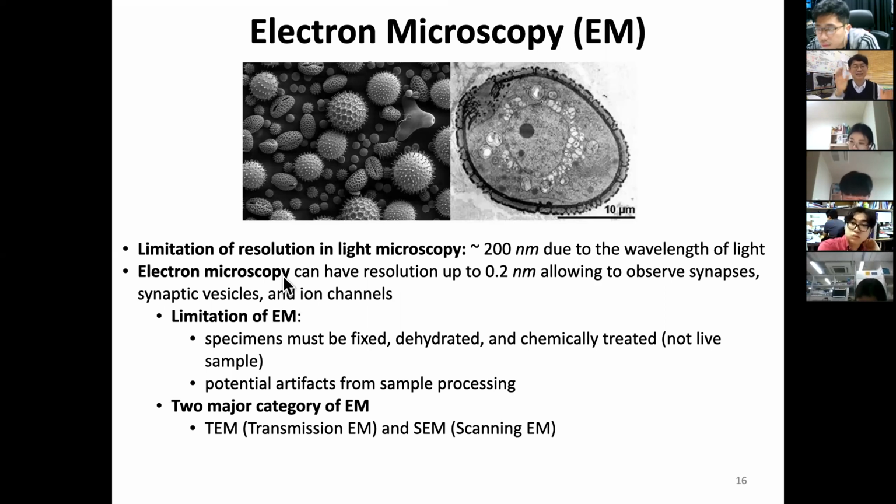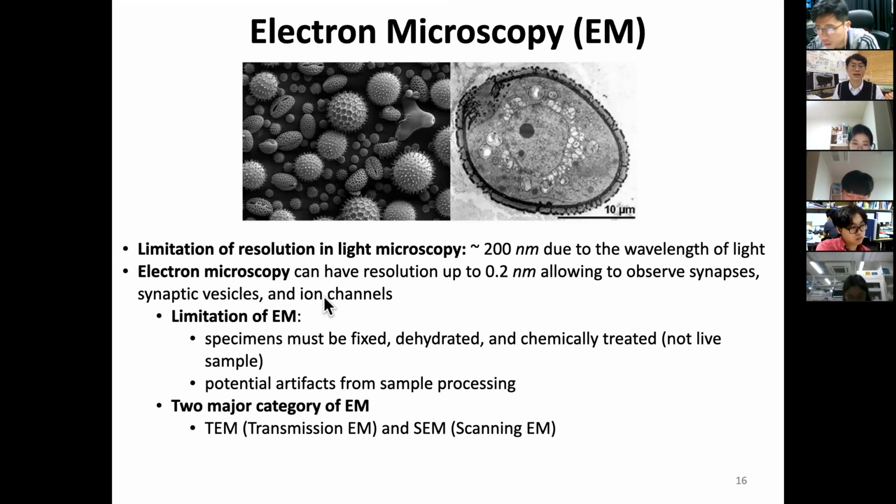And that wavelength is tiny, tiny, tiny, so we can utilize the wave nature of electron to make a microscope. That's the key idea. So what's great, you can have even sub-nanometer resolution, okay? So you can observe synapses, synaptic vesicles, and even ion channels. Wow, that's great.